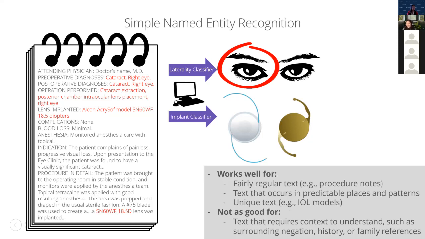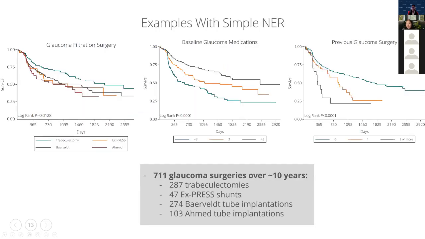It's definitely some kind of lens model, right? So it doesn't really work that well for text that requires any sort of context to understand, like evaluating surrounding negation or history or references to the patient's family or things like that. So it's limited in that way, but even so, you can get pretty far on just this kind of named entity recognition.